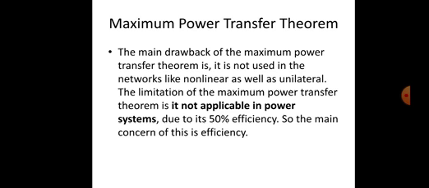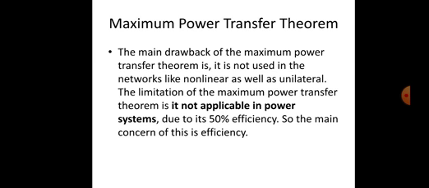The main drawback of the maximum power transfer theorem is that it is not used in networks like nonlinear as well as unilateral ones. The limitation is that it is not applicable in power systems due to its 50% efficiency.